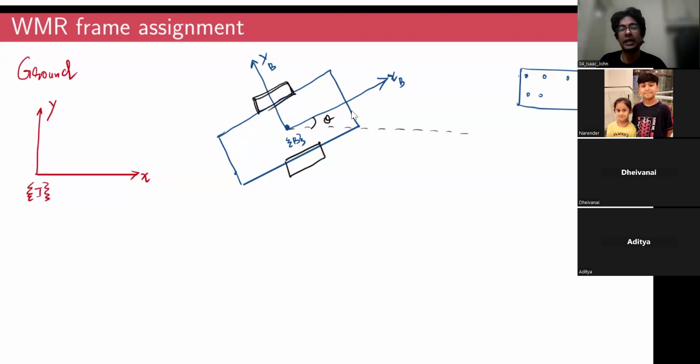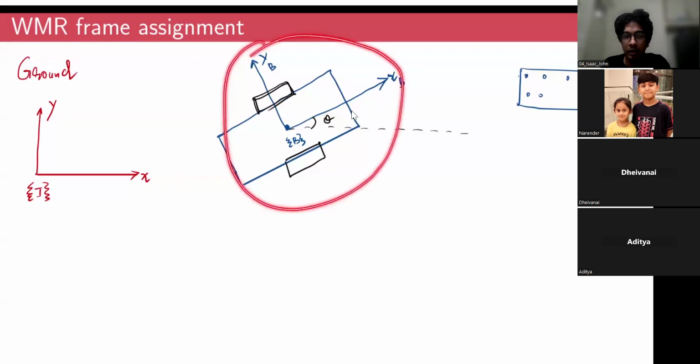And a mobile robot is something that keeps on moving at every instant. So to define the control inputs, or how a mobile robot moves, it's much easier to give the inputs in the body fixed frame, right?